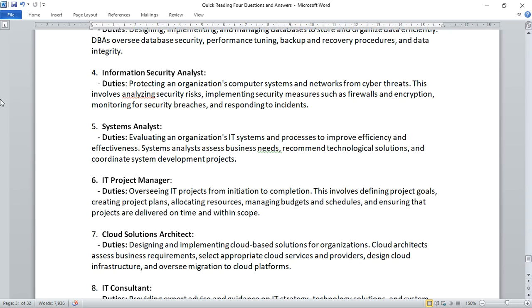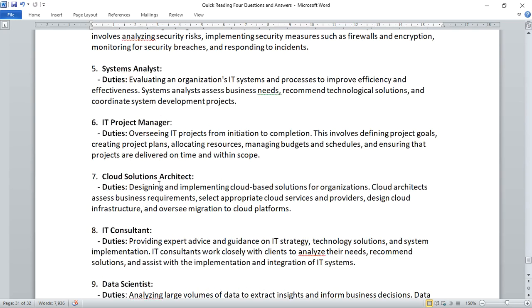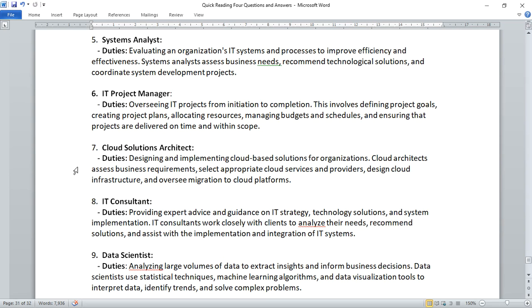This is a person responsible for identifying the current system problems and proposing a computer-based solution. We have IT project manager. This is a guy who is responsible for overseeing IT projects from start to completion, that is initiation to completion.